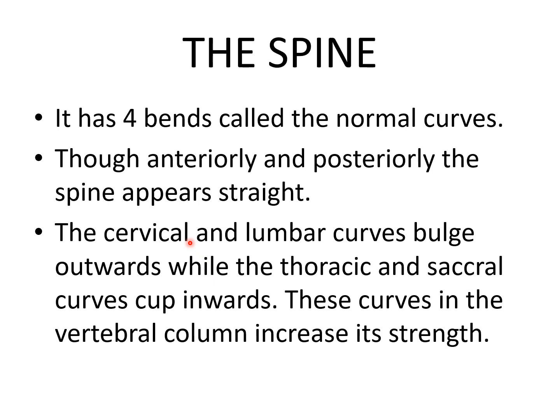The cervical and the lumbar curves actually bulge outwards, while the thoracic and the sacral curves cup inwards. These curves in the vertebral column increase its strength. Another thing is also they maintain balance, they absorb shock, they prevent fractures. And a fetus has a single anterior concave curve.